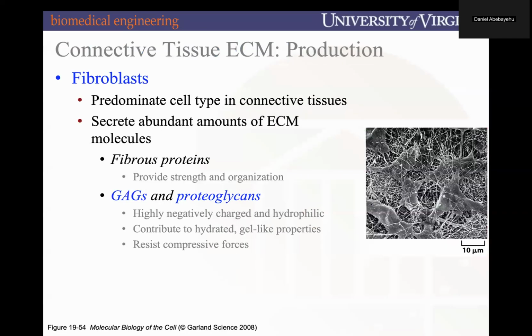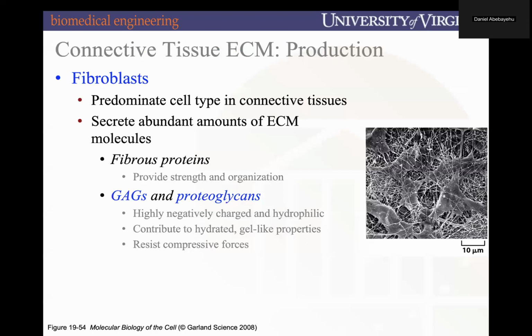When it comes to the production of the connective tissue ECM, there is one cell population that's typically both within the connective tissue ECM and responsible for producing it. These are called fibroblasts. One thing that's unique about fibroblasts is that you have them in basically every tissue in your body.